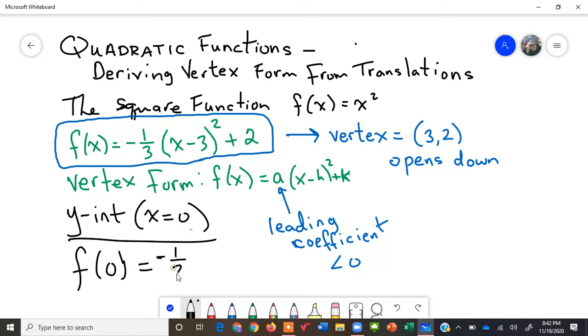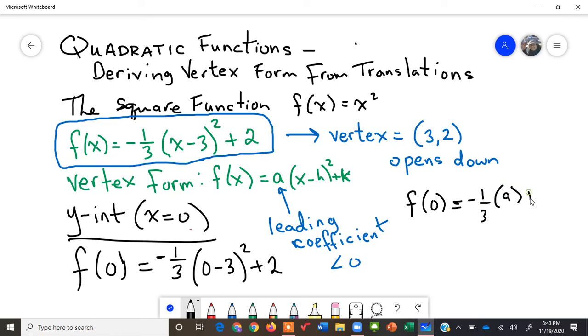So negative 1/3 times the quantity 0 minus 3 squared plus 2. So 0 minus 3, negative 3 squared is 9. And so we have f of 0 equals negative 1/3 times 9 plus 2.